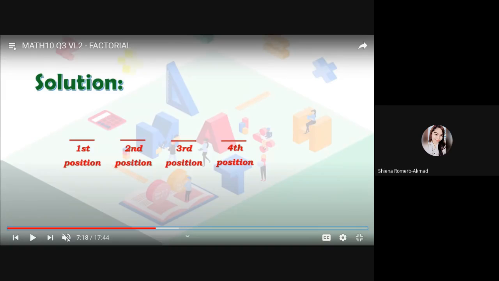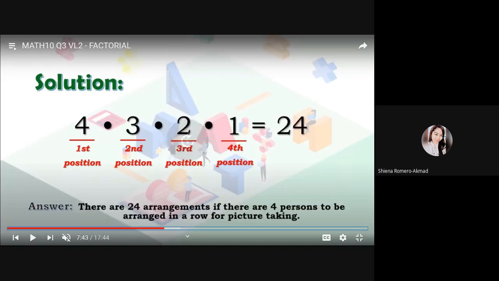Tatlo. And for the third position? Dalawa. And for the last position? Isa. And then if you look at the choices we have for each position and you multiply them, you'll have 24. And this 24 is our answer.